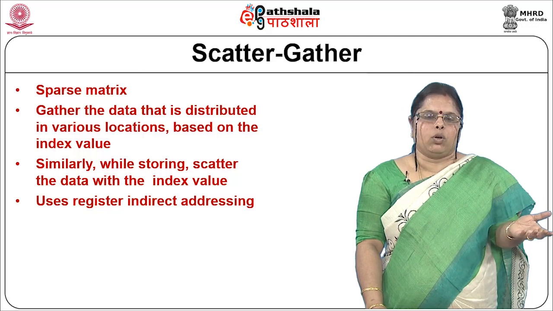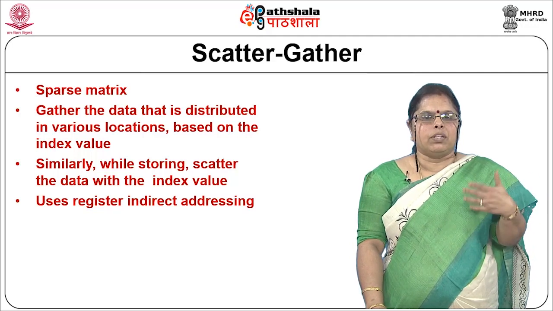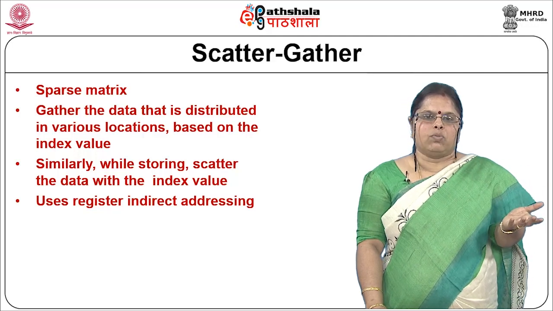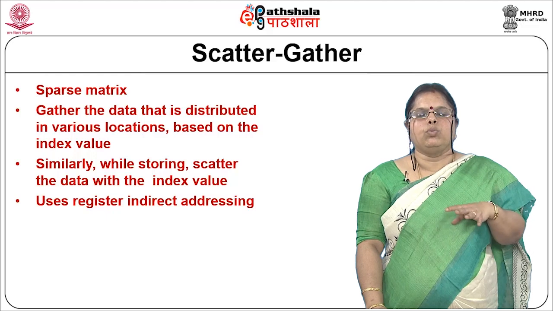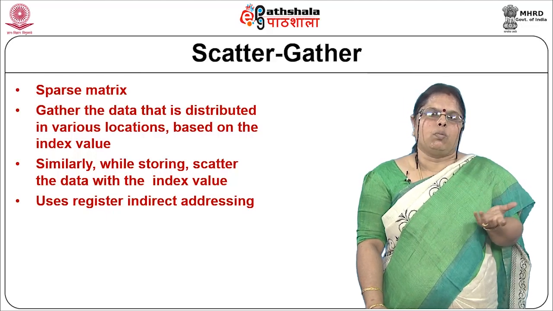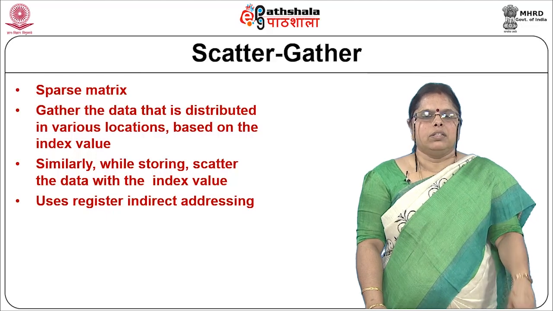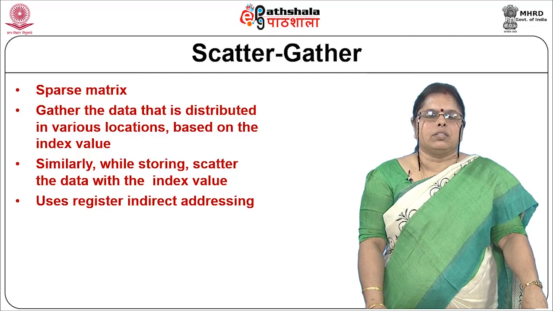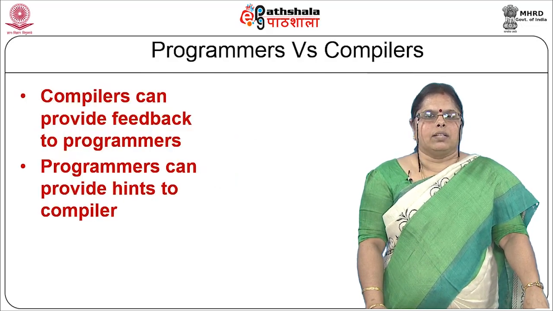So, that is a gather operation. Similarly, after the processing is over, you can just scatter them again using the index values to different locations of memory. So, that is the scatter gather operation which is normally supported in all vector architectures. The basic addressing mode that is used is, as you can see, just register indirect addressing.